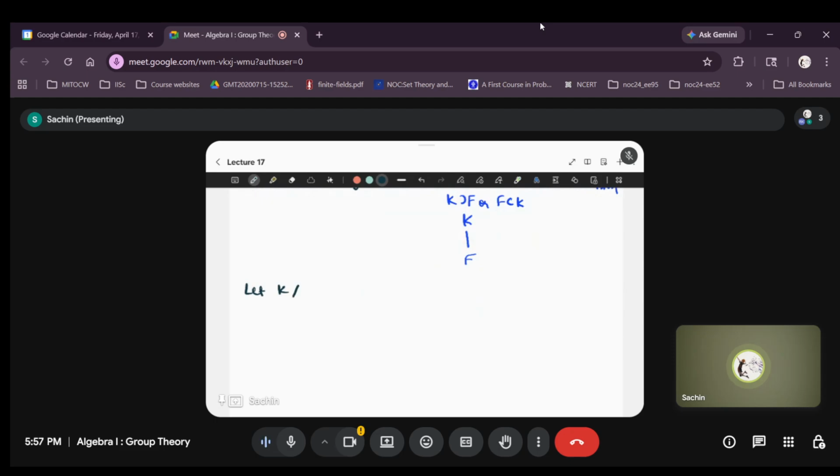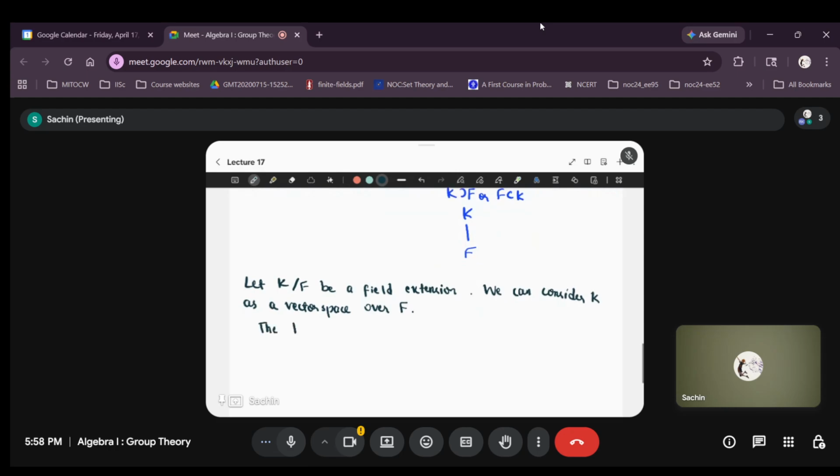Let K by F be a field extension. We can consider K as a vector space over F. The degree of K over F, the degree of extension, is the dimension of K as an F vector space.